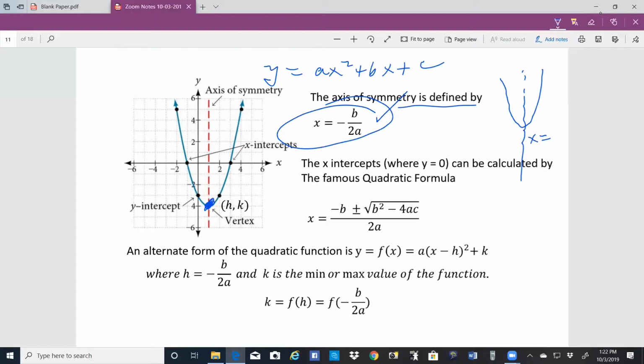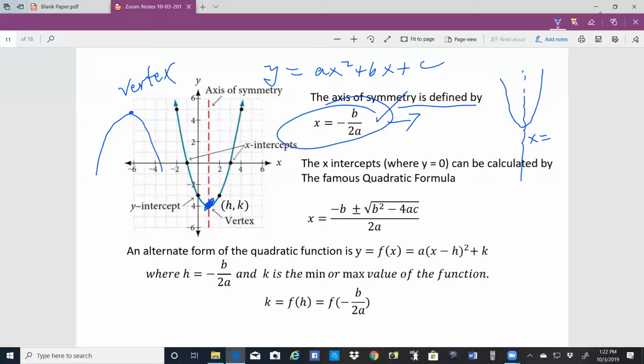If a is more than 0, it'll have a minimum. If a is less than 0, it'll look like that, but that will still be the vertex. So I'm sure on the test, you're going to be asked to find the vertex by calculating minus b over 2a.